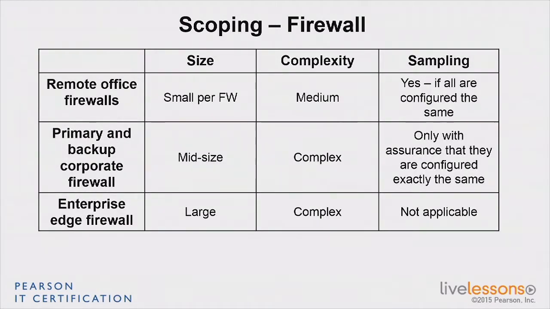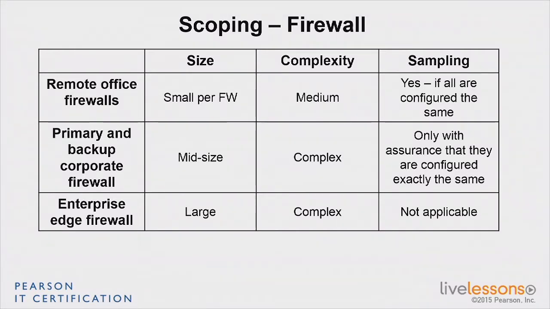If we look at the primary and backup corporate firewall, again, our size might be a mid-size. Complexity, it's probably fairly complex. And could we sample? Well, only with the assurance that they're configured exactly the same. So probably sampling here would not be a good expectation. And then we get to our enterprise edge firewall. It may be fairly large, a lot of rules there, a lot of ingress and egress rules.